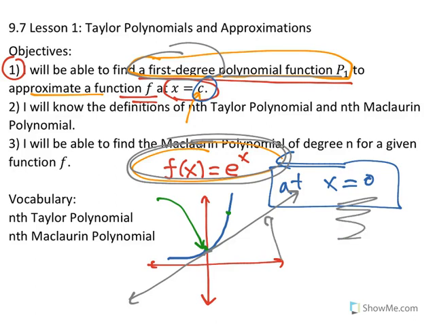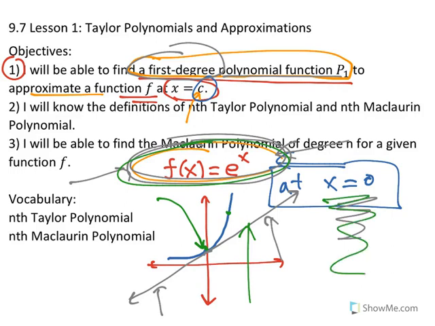And we're going to say this tangent line is our approximation for the function f of x is equal to e to the x. And why is it an approximation for it? Because its values for the gray line are pretty close to the output values of the function f of x is equal to e to the x, as long as the input values are pretty close to 0.